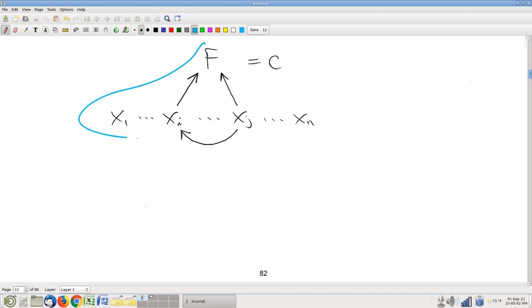Here's our initial thing. We've got f as a function of x1 through xn. We've got a bunch of input variables. We're looking at a level set of that function. And suppose we've already done the check. We already know the partial of f with respect to xi is not 0. So I know that I can view xi as a function of the other variables. Let me append this diagram appropriately.